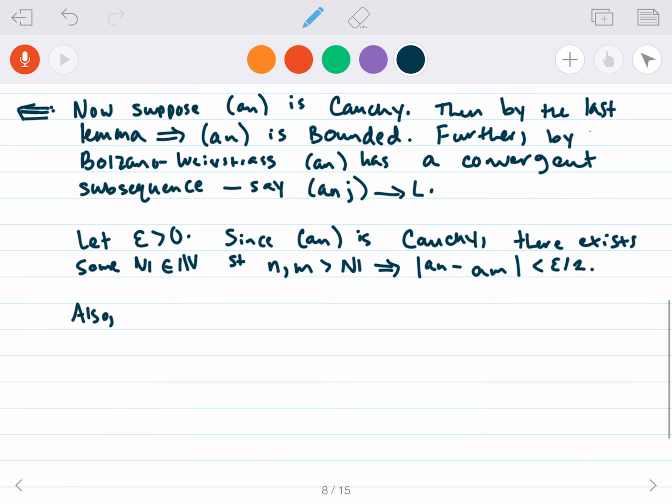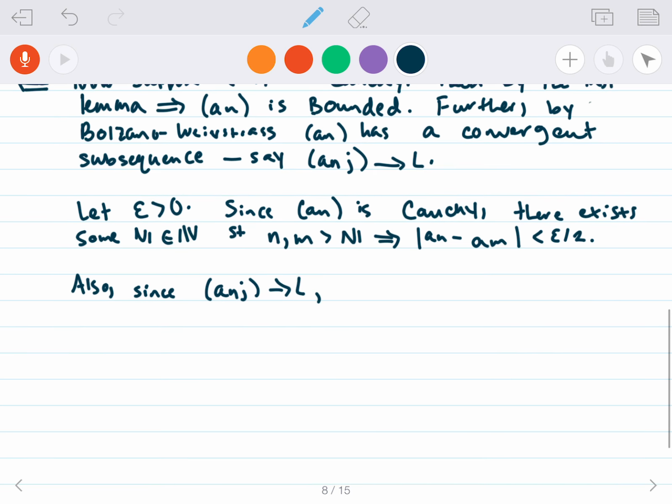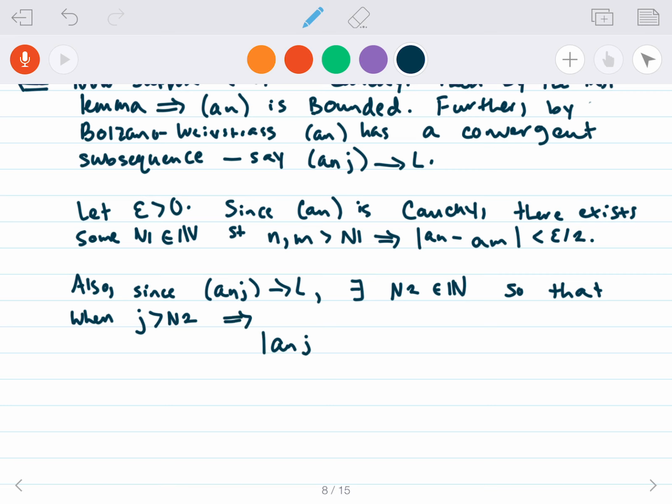Also, since our subsequence converges to our limit L, this means, just by definition of convergence, that there's some capital N2 in N, so that when we go far enough down our subsequence, so that when little j is bigger than capital N2, this implies that a sub nj minus L is going to be less than epsilon over 2.